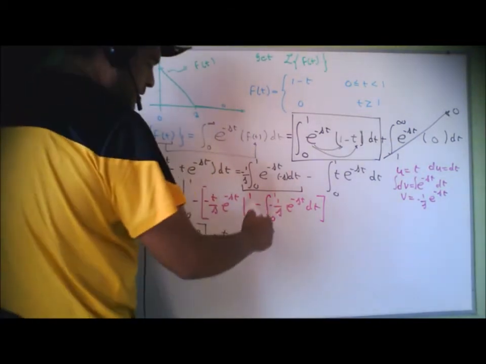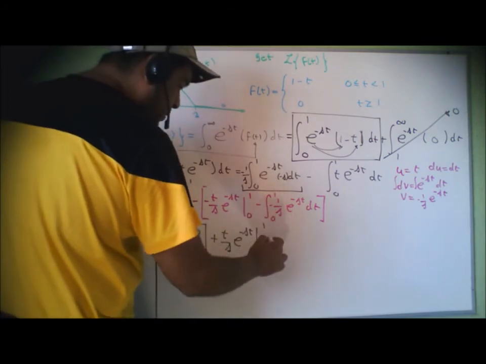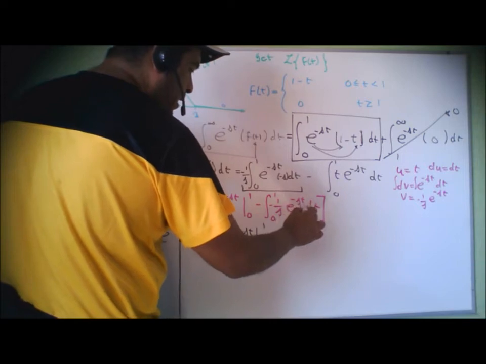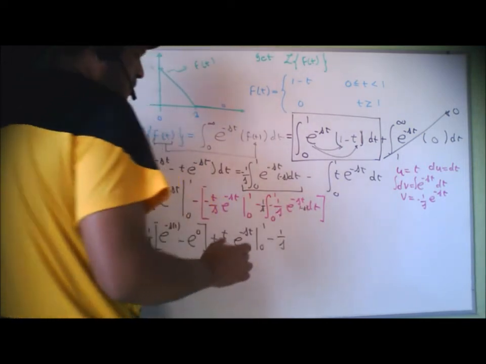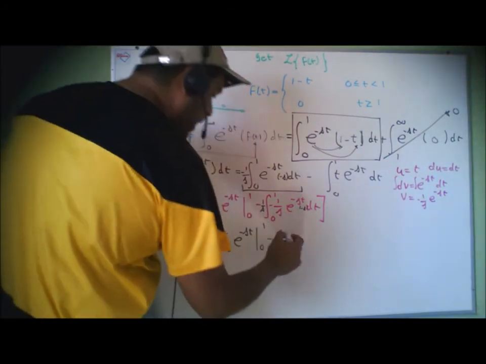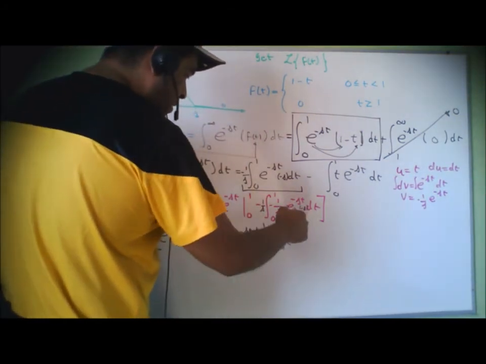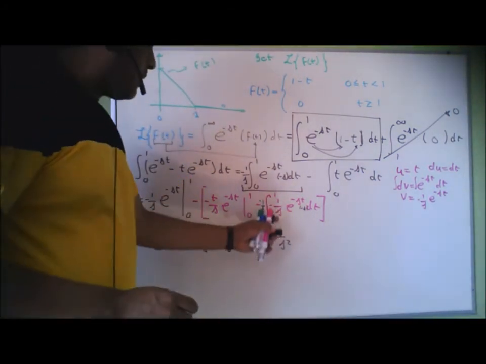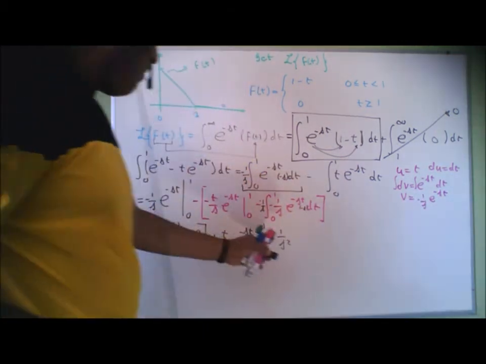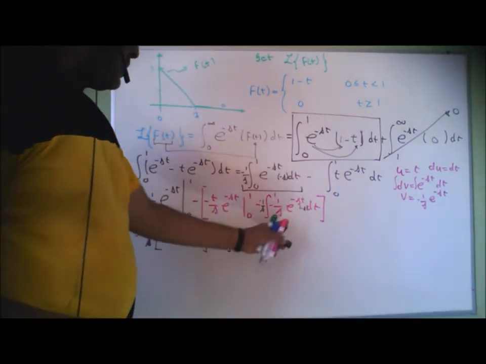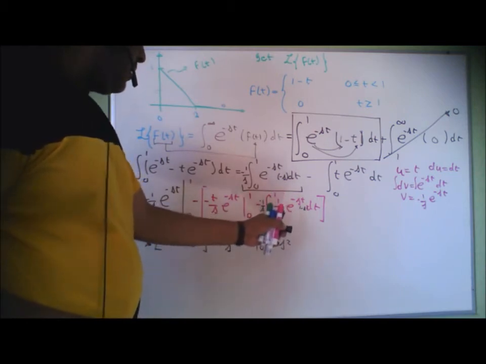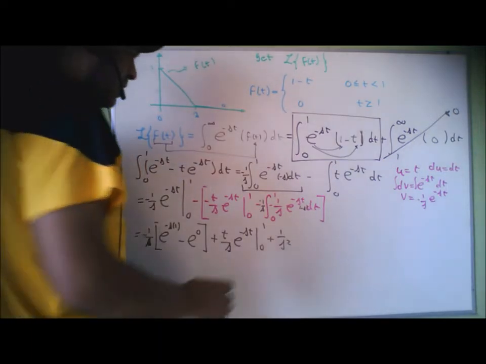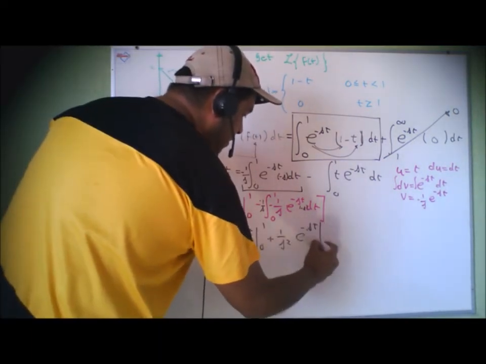And then this integral is going to be minus times minus times minus 1 over s, and you have to compensate with 1 over s, so this becomes 1 over s squared. Because you have a negative, this becomes minus. The first minus 1 over s comes from this integral, and the next minus 1 over s comes from the integral here. What I have done is just taking this outside: 1 over s squared e to the minus st from 0 to 1.